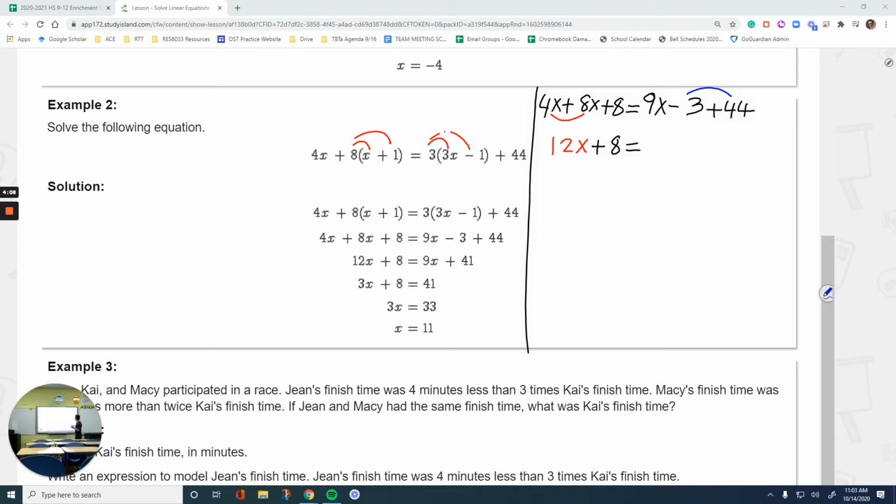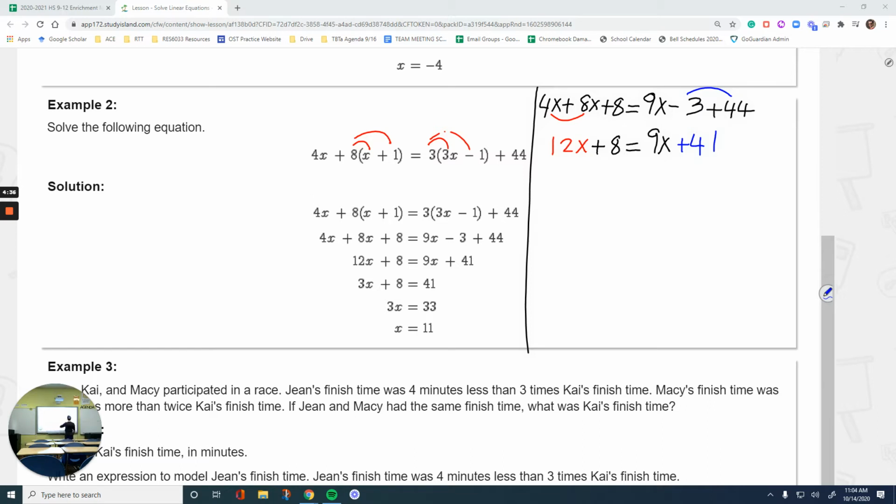Negative 3 plus 44 equals positive 41. If you want to, you can just type them in a calculator, but I think you should learn how to do those kinds of things without a calculator. So drop the 9x down first, and then I have negative 3 plus 44. That's positive 41.